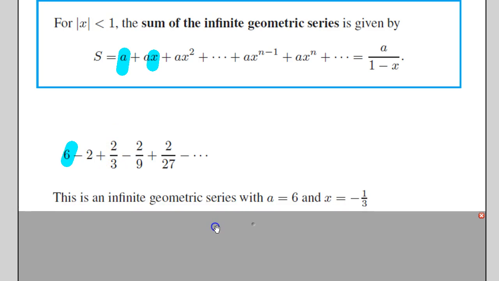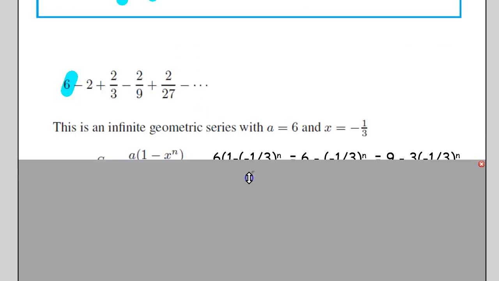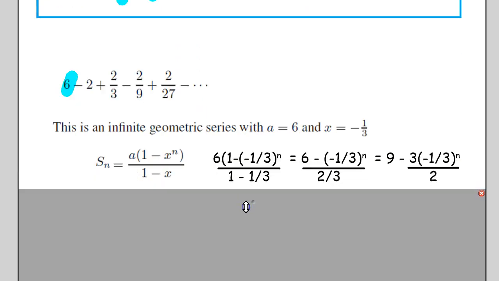So I have this information. It's infinite, my a is 6 and my x is equal to -1/3. And so using this general formula, I can represent my infinite geometric series, the nth term, by either of these expressions.